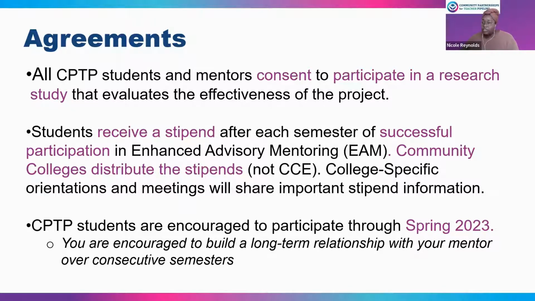You're going to attend your college-specific orientations to share some important information about those stipends and how they work, so stay tuned for that. And of course, you are encouraged to participate for both fall 2022 and that spring semester, so you can truly get a full year in the program. Not only so that you can participate in our awesome events, but also so that you can expand the amount of time that you have with your mentor and build a long-lasting relationship with them.